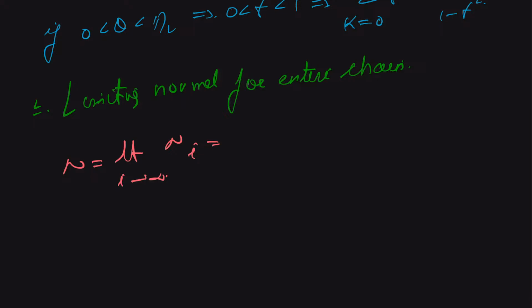So from here we get this is our mg upon 2 cos of theta and 1 minus t square. Okay.